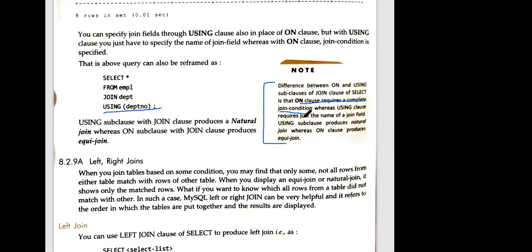Whereas for USING it is given that we just need the name of the column for joining. Okay, the USING clause produces a natural join. Whereas if you are using ON, you will be getting an equijoin. Okay, so these two differences you have to keep in your mind.